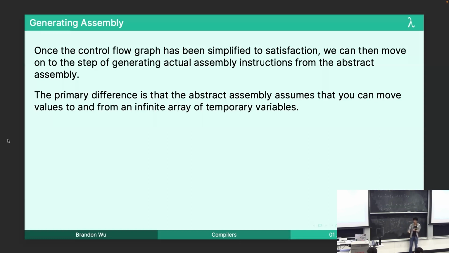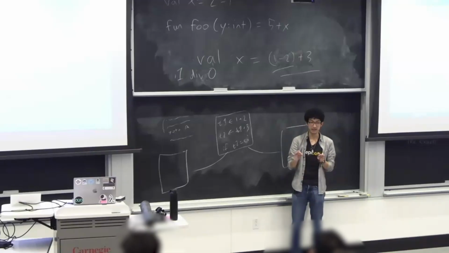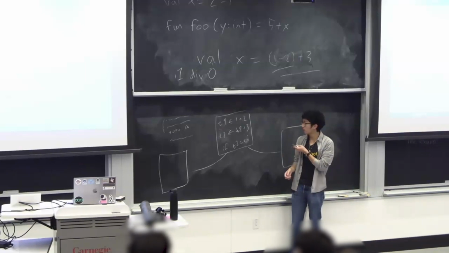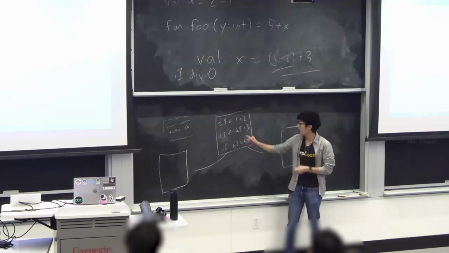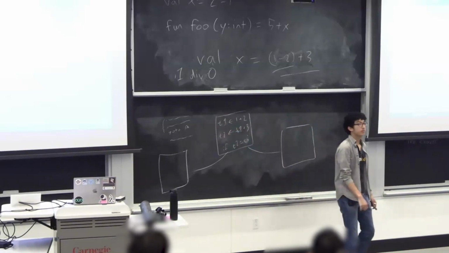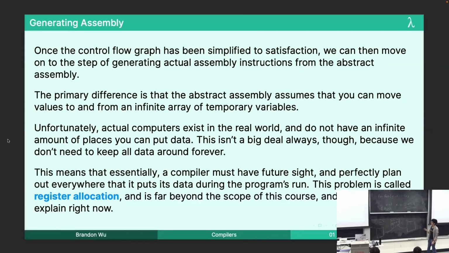Computers don't have an infinite amount of memory, and they have even less memory that's fast to use. There are certain locations around your computer's CPU that need to be used to make sure the operations are very fast. There are like 8, 10, 20 of them. So if I want my operations to be very fast, I have to use those as much as possible. This is the problem called register allocation.